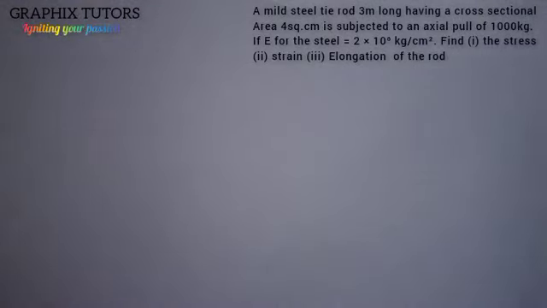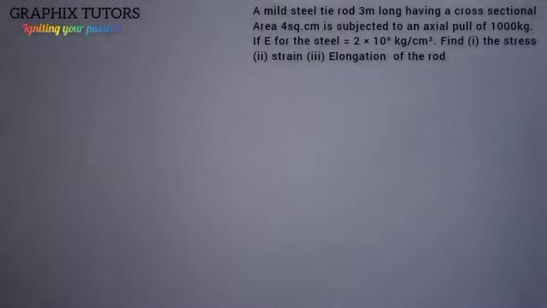If E, which is given as the Young modulus, for the steel is equals to 2 times 10 raised to the power of 6 kilogram per centimeter square. Find: one, the stress; two, the strain; three, the elongation of the rod.